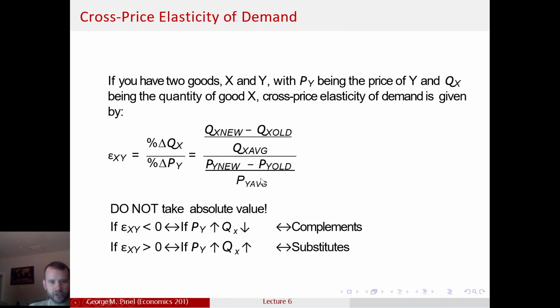And if the numerator is positive, that means more people are demanding X after the price increase than were demanding it before. So as a result of a price increase in Y, there's a quantity demanded increase in X, which means that they're substitutes. So if the price of CDs goes up, you'd expect more people to buy tapes. So that means they're substitutes.